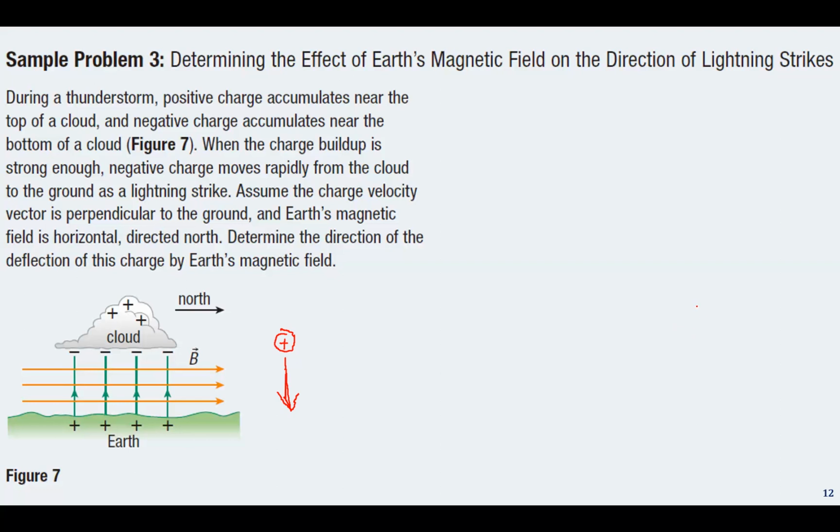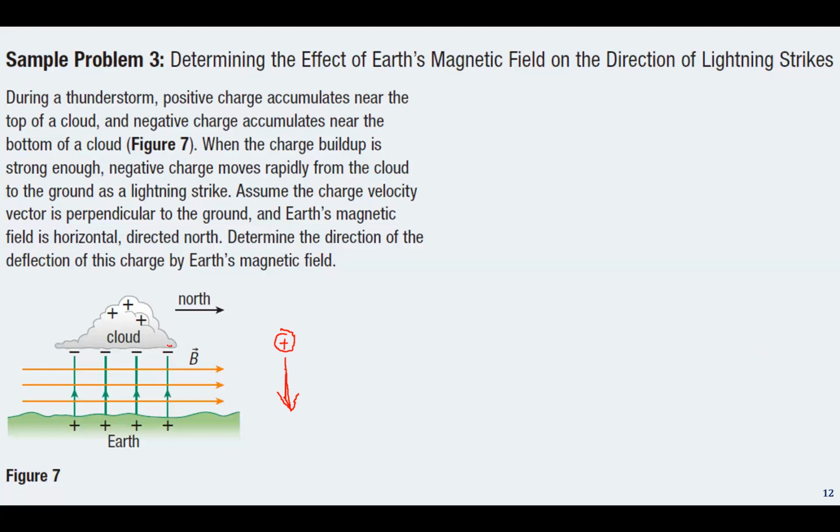Then point our fingers in the direction of the magnetic field, which is north. Then our palm should point in the direction of the resulting magnetic force, out of the page, right?